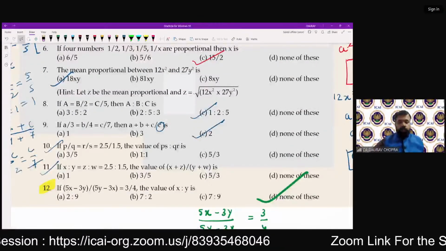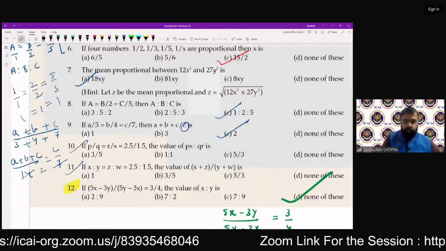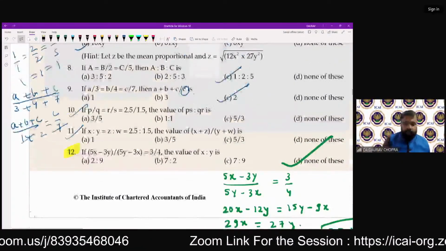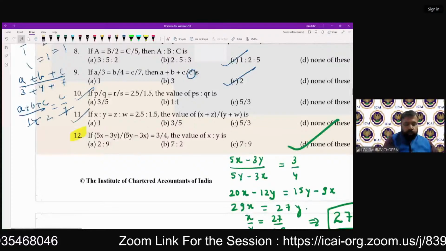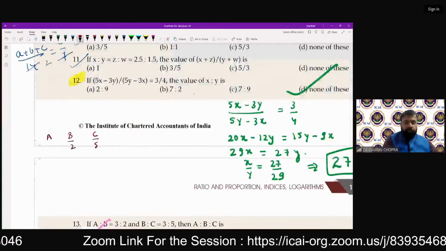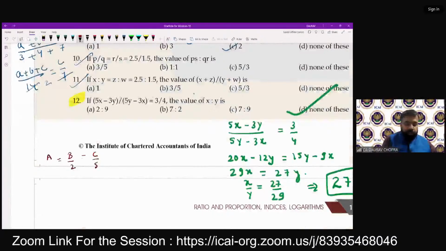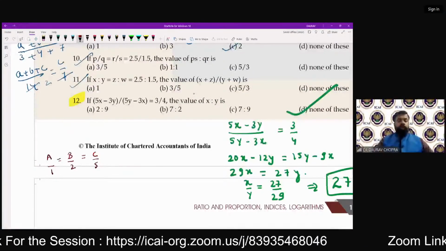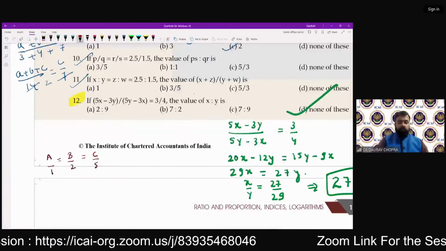Then find out the ratios of A, B, and C. So let us simplify here. A, B by 2 and C by 5. This is given. So A is having nothing in denominator. So A by 1 is equal to B by 2 is equal to C by 5.